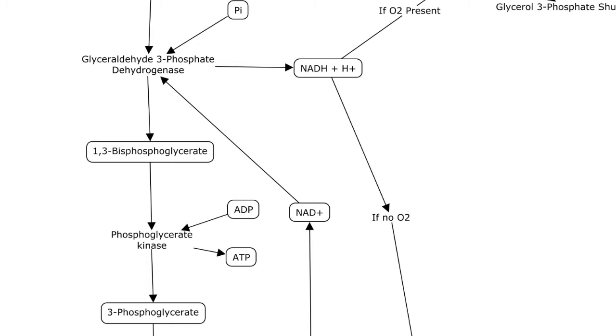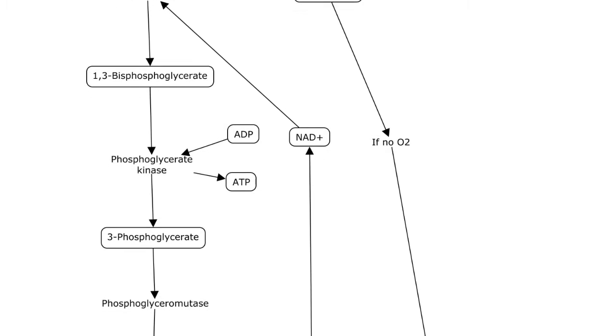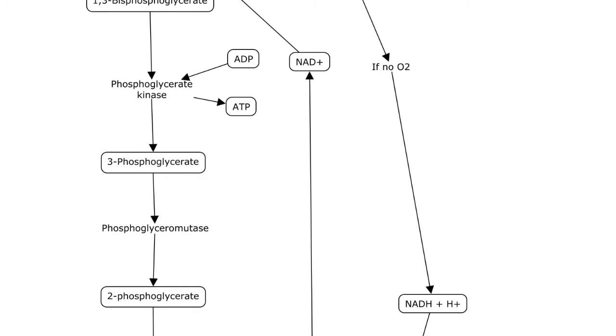And so now we've got our 1,3-bisphosphoglycerate. The next enzyme in the pathway is phosphoglycerate kinase. Now what you're seeing here is our first example of substrate level phosphorylation, where phosphoglycerate kinase is going to take one of the phosphate groups off our substrate and add it to ADP to make ATP.